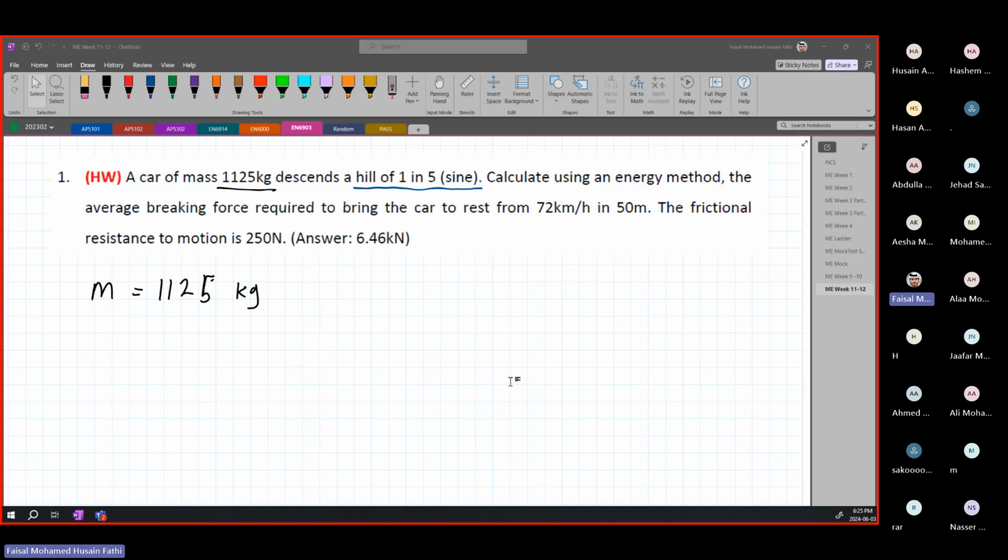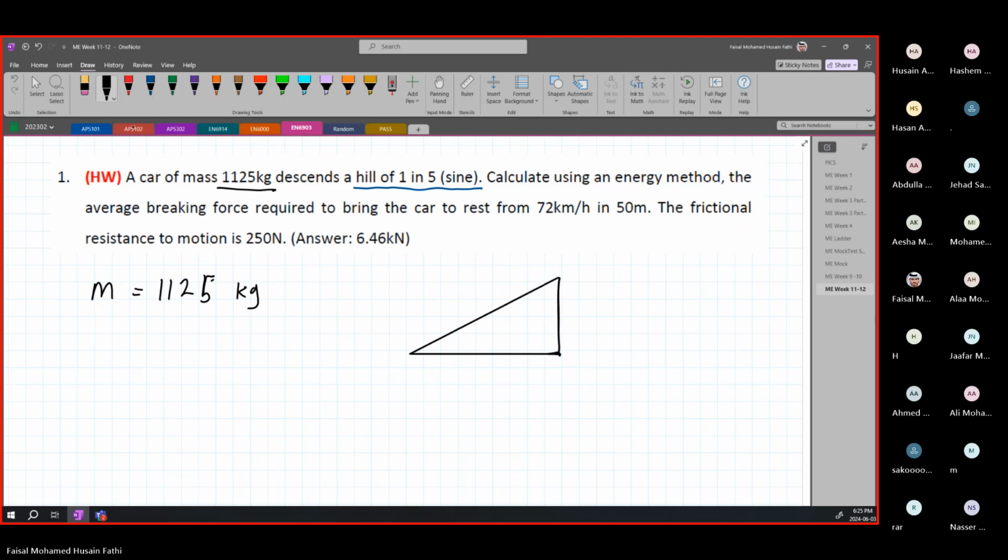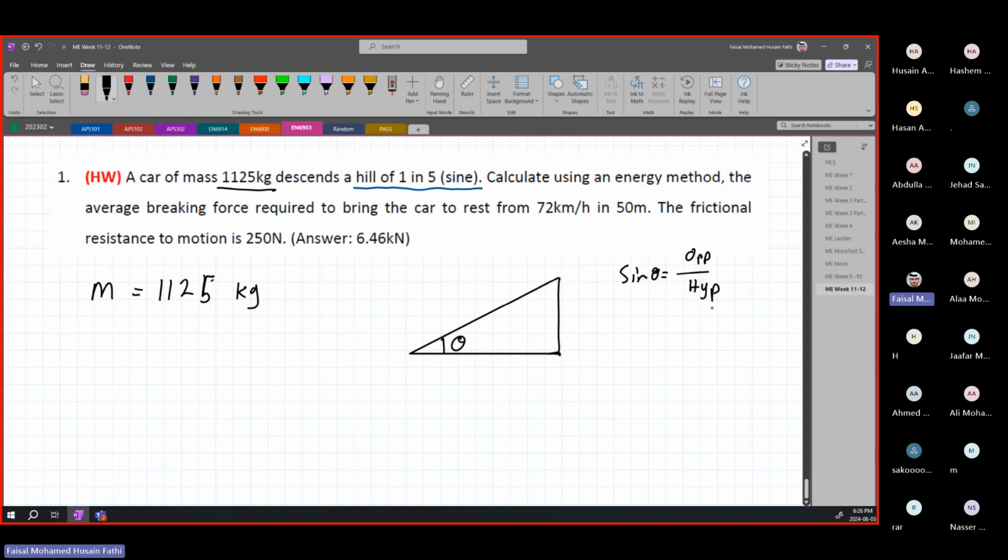What does sine mean? It means that if we are going to draw our triangle, this is your angle theta. And what is sine? If you remember SOHCAHTOA, sine is opposite over hypotenuse. So this is going to be the opposite of the angle, and this is going to be the hypotenuse.